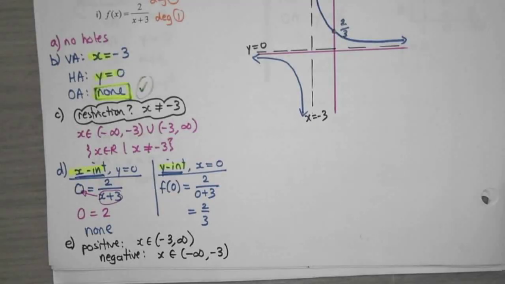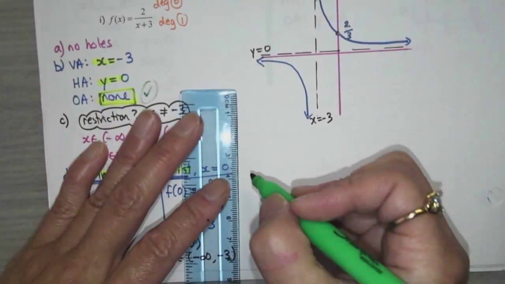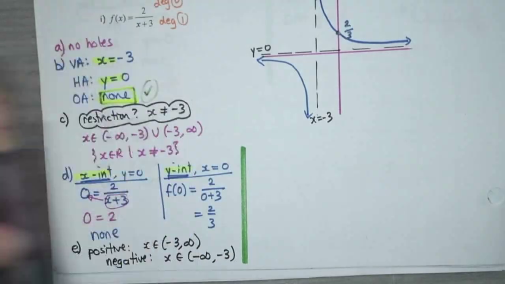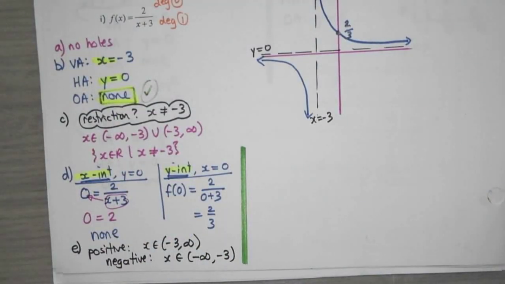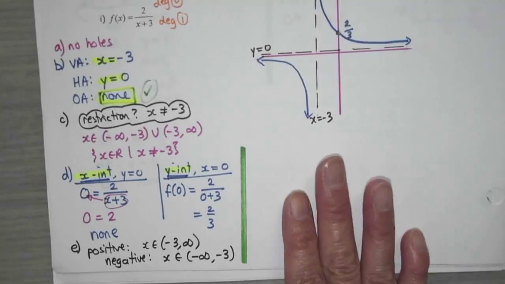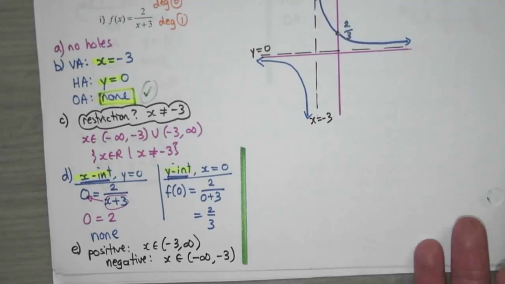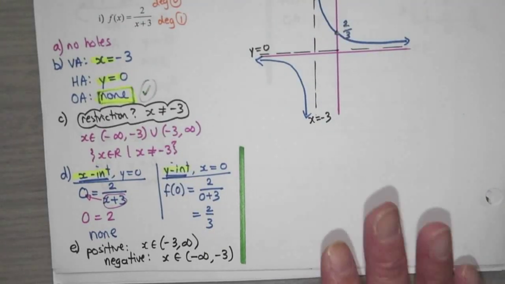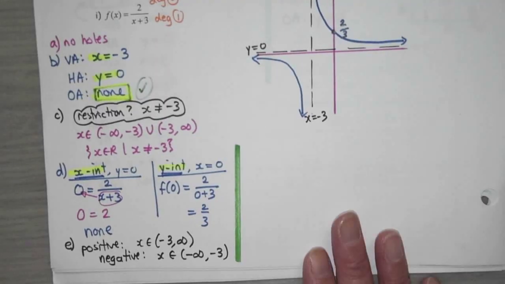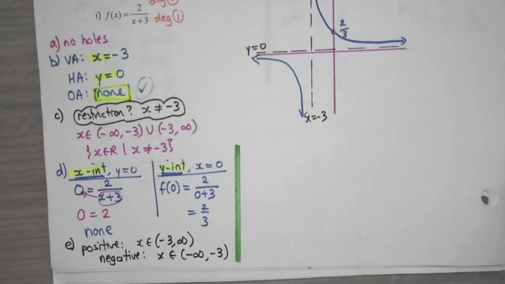This is introducing us to the idea of limits, which we don't get to until calculus, but I want you to write it this way because then I don't have to unteach you how you write it when you get to calculus. We used to teach it in a different way here, but then when you get to calculus, I say stop writing it that way. So I'm just going to teach you the proper way to write it here, and then you don't have to unlearn it if you do take calculus. If you don't, you just write it this way anyway. It'll just be the one way you learn it.